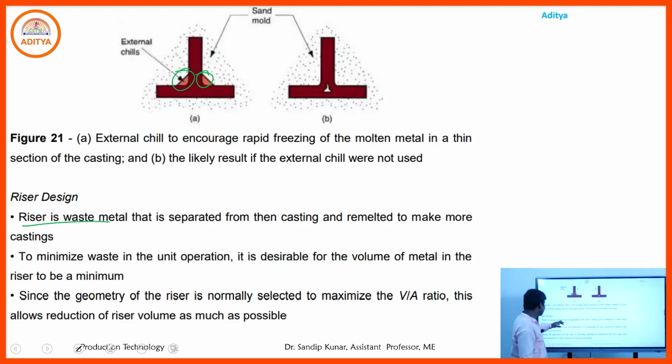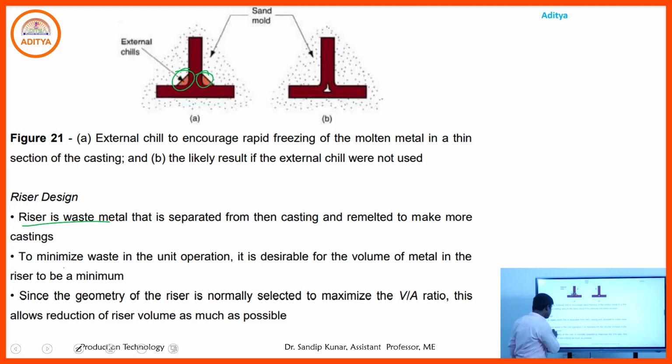Riser design: the riser is waste metal that will be separated from the casting and remelted to make more castings. Sometimes some extra material is reserved in that riser. After the final product is produced, we reuse the solidified metal from the riser; it is remelted and again poured into the mold cavity.